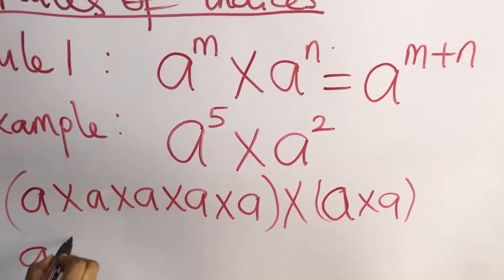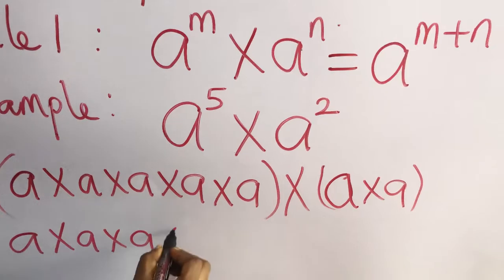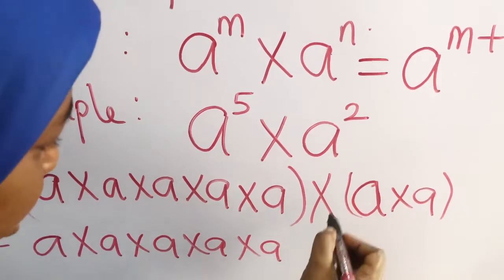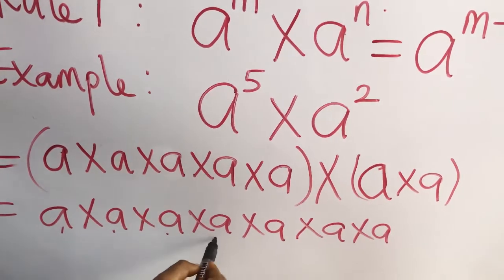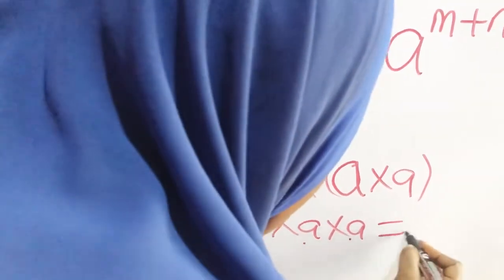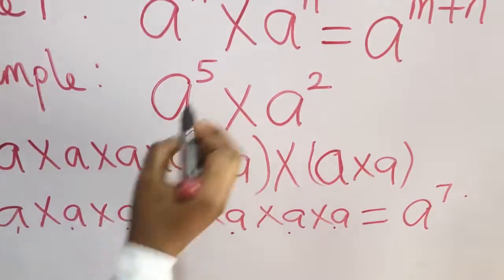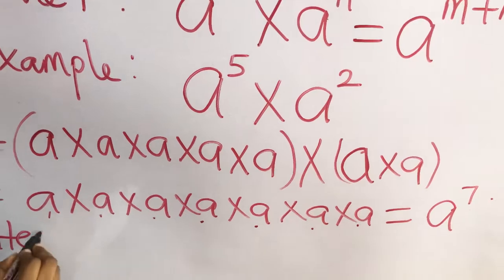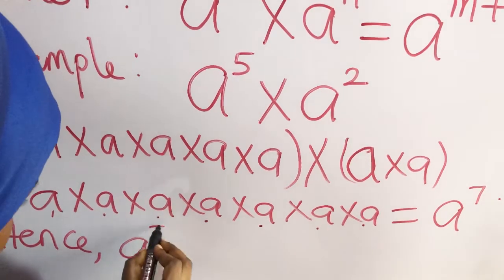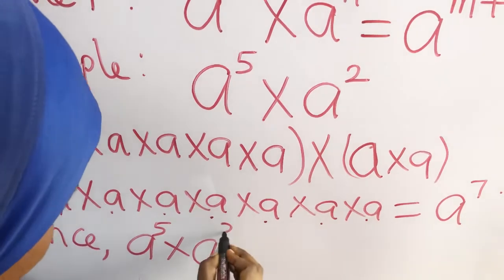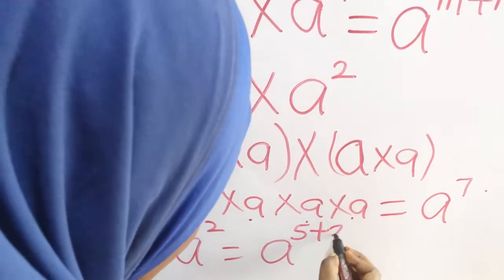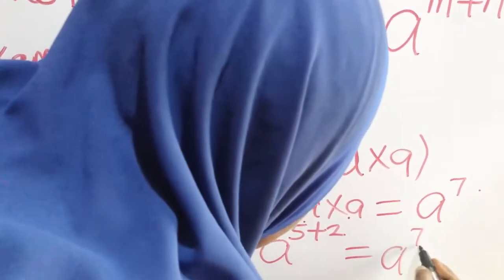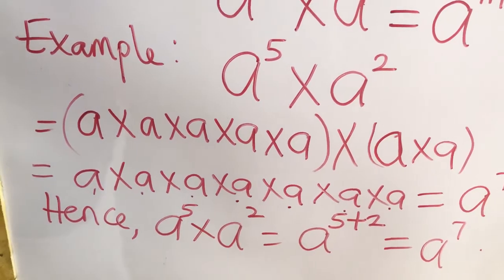We have a multiplied by a multiplied by a multiplied by a multiplied by a, then multiplied by a multiplied by a. Let's count: 1, 2, 3, 4, 5, 6, 7, which is a in 7 places. We have a raised to the power of 7. So from here, hence a raised to the power of 5 multiplied by a raised to the power of 2 will now be equal to a raised to the power of 5 plus 2, which is equal to a raised to the power of 7. Can you see? It's very simple.